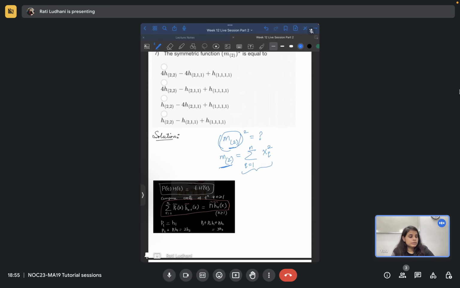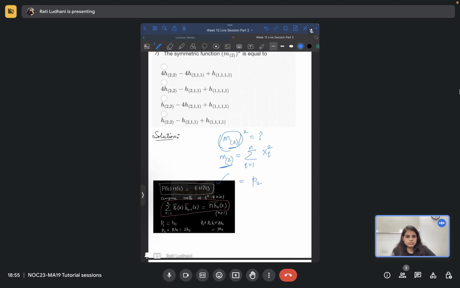If we remember, this is the power sum series. That's why I kept this formula. So this is the power sum p2, exactly as you said. Right? Yes, ma'am.